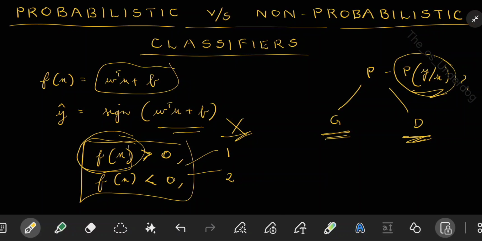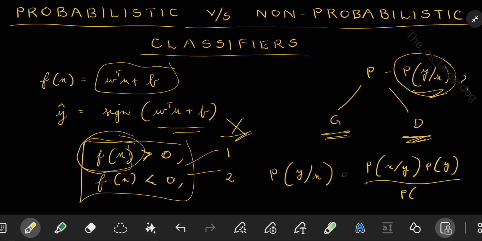So that is important. From the base formula, you know that P of y given x can be found out as P of x given y into P of y, whole divided by P of x. This you already know. What a generative model does is, for example, naive Bayes classifier is a generative probabilistic classifier.